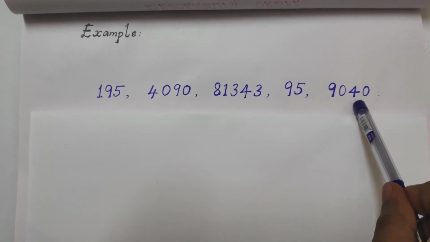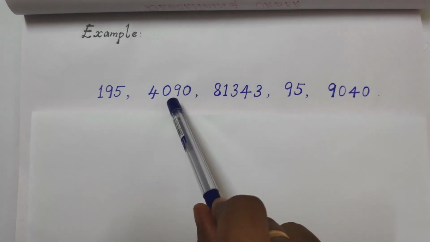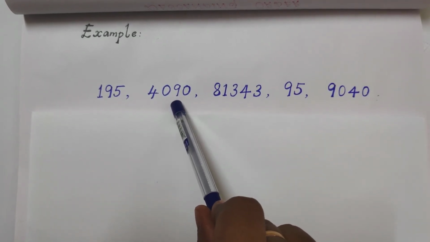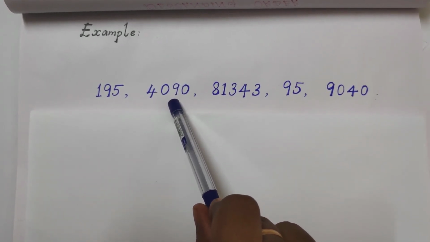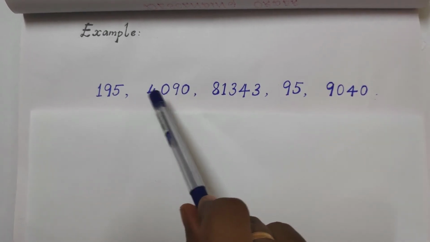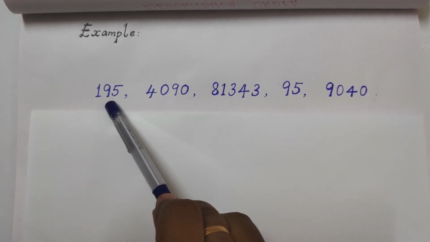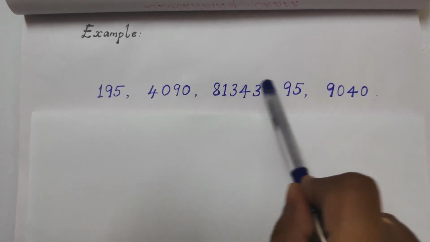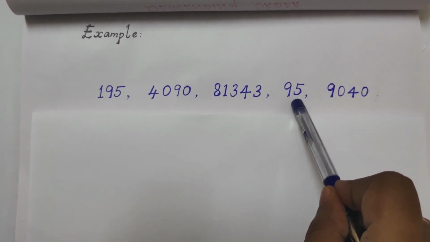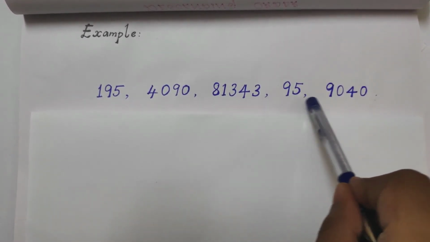After 9,040, we will write 4,090. The next smaller number after 4,090 is 195. Then at last we will write 95, and this 95 is the smallest among these numbers.